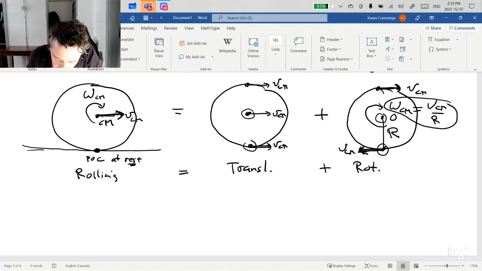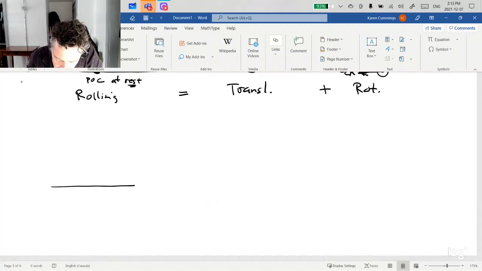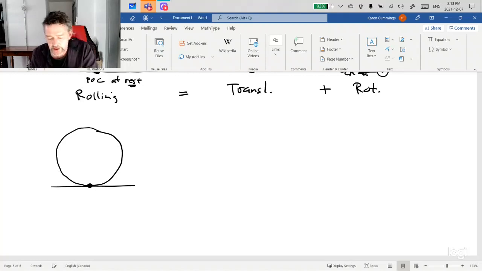Rolling motion is really just a rigid body, the wheel, being rotated about some point, the bottom of the wheel here, with some instantaneous angular velocity, omega point of contact.